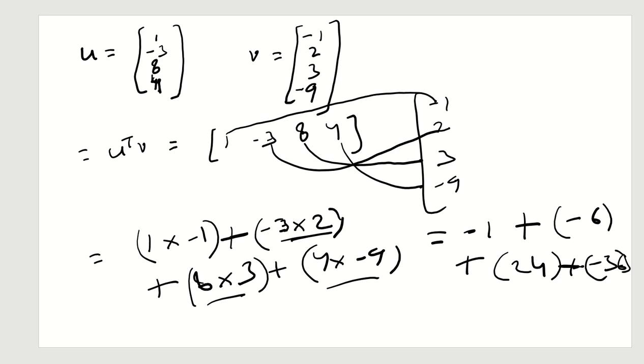Perfect. Now if we sum this up, it'll come to minus 43 and 24, minus 19.